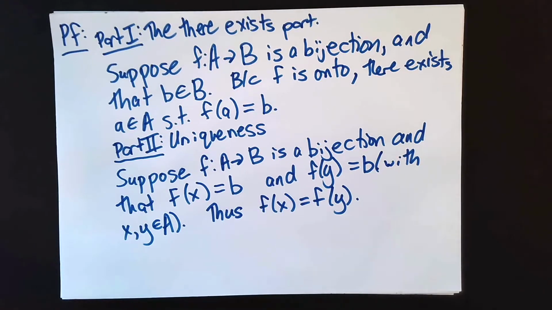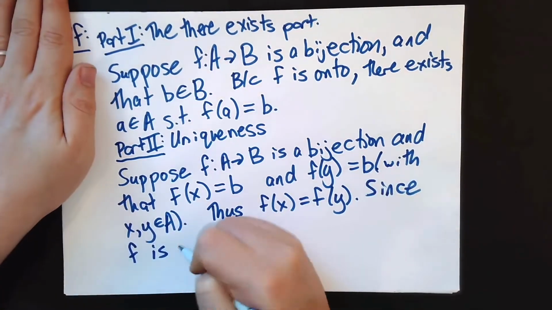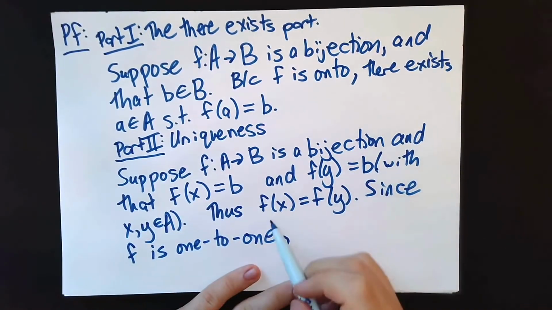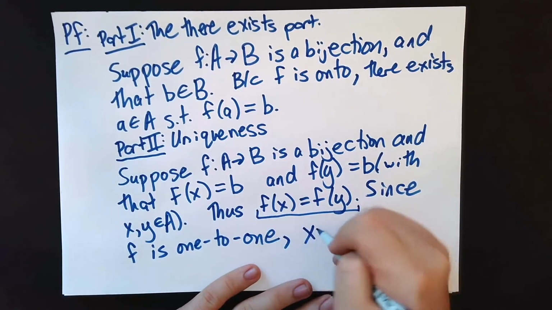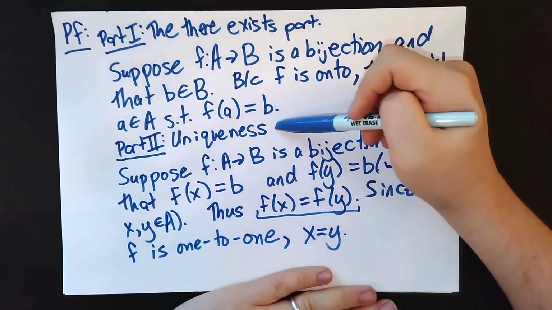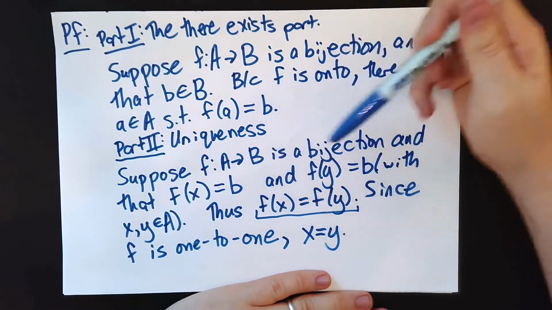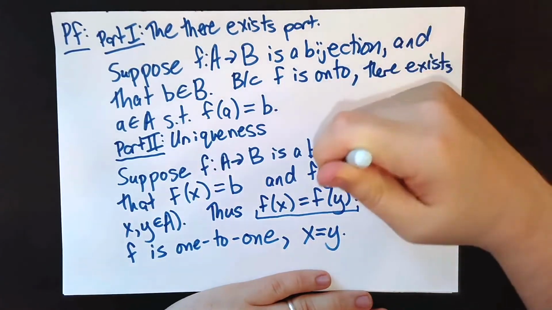And so remember, f is a bijection, so f is one-to-one. And so since f is one-to-one, this tells me that x is equal to y. But remember, that's what I wanted in order to show uniqueness. I wanted to show that if there were two elements with this property, they were the same element.